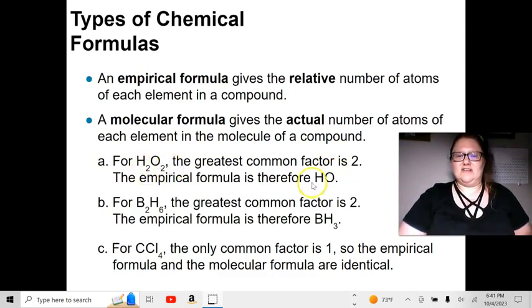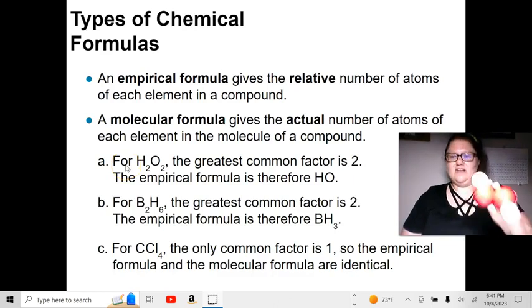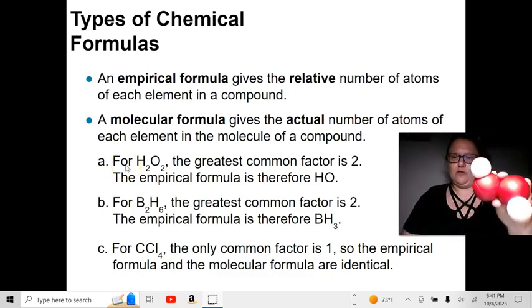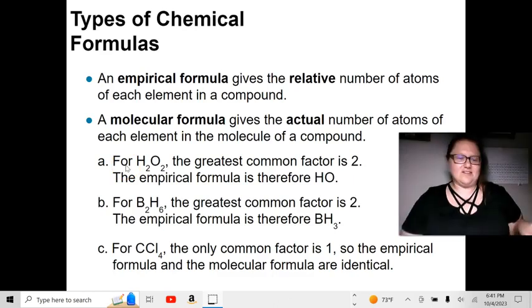If you can, you get an empirical formula. So reducing the 2's to 1's gives me an empirical formula of HO. HO is not hydrogen peroxide. Hydrogen peroxide has to be H2O2. That's its molecular formula.